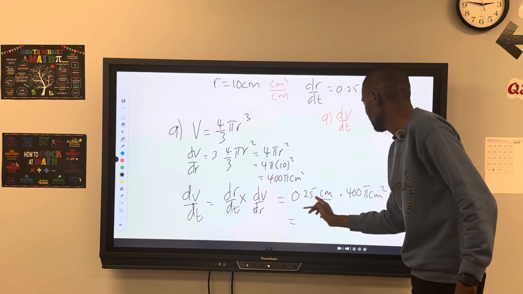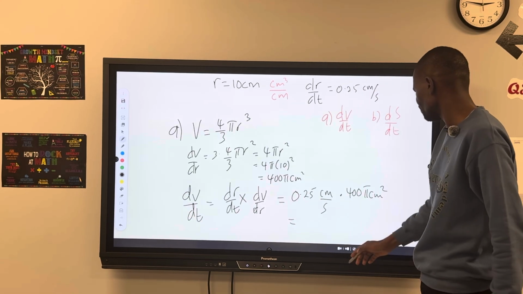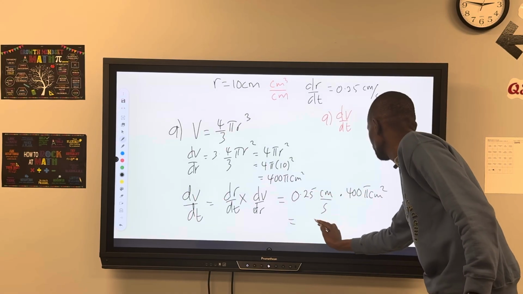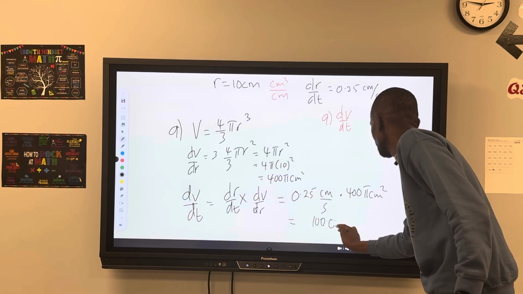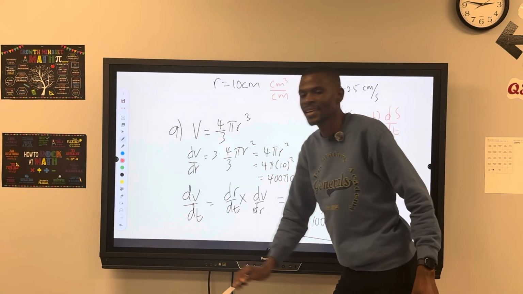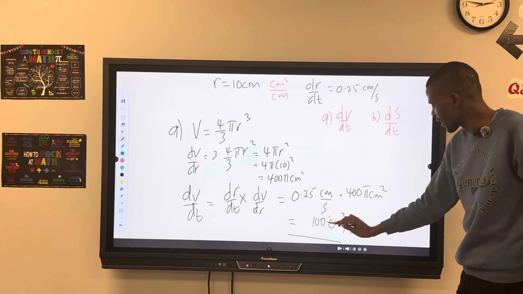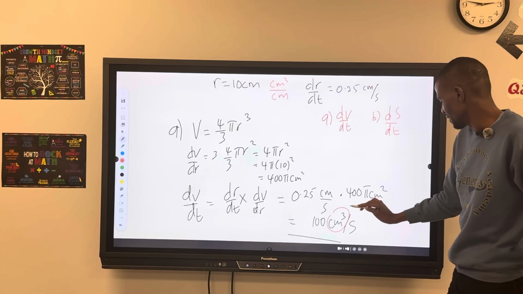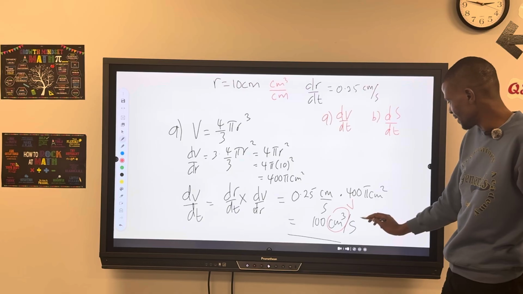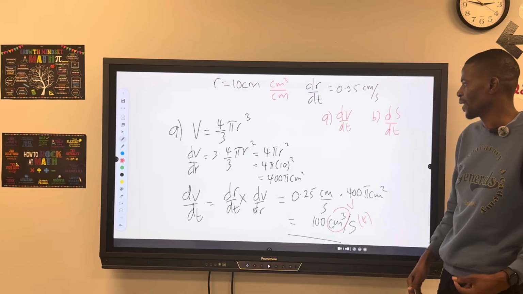Now if I calculate, 1/4 of 400 is 100. So this is 100 pi cubic centimeters per second. As you can see, these are cubic centimeters, which tells us we are dealing with volume, and seconds here means we are dealing with time.